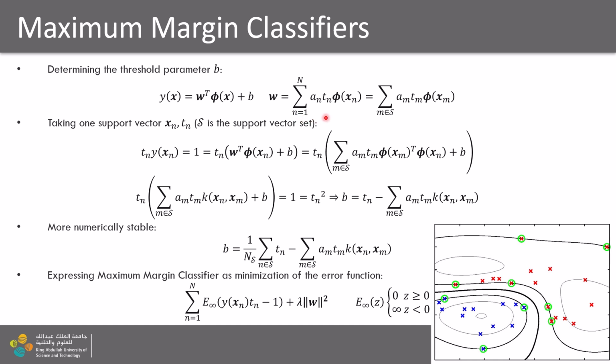Now, however, in the case of support vector machines, many of these an will be equal to 0, because these points are not really close to the boundary of these two classes, and only the support vectors will have the value 1.